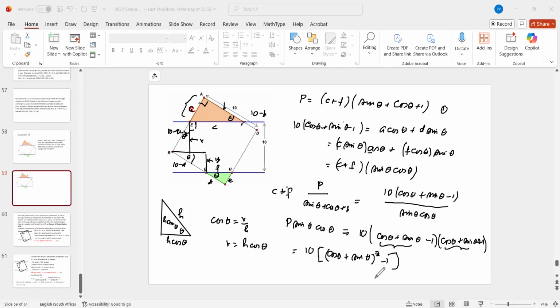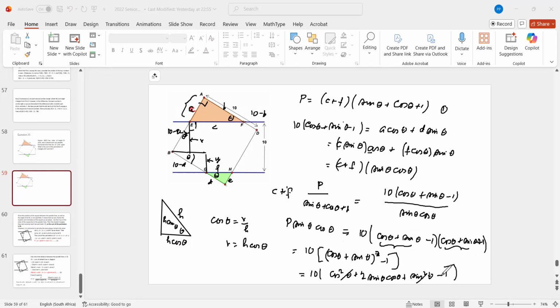Okay, so you got 10 into cos theta plus sine theta all squared minus 1. Now the square is going to be cos squared theta, and here the middle term is 2 sine theta cos theta, plus sine squared theta, minus 1. But cos squared theta plus sine squared theta, no matter what theta is, is always 1.